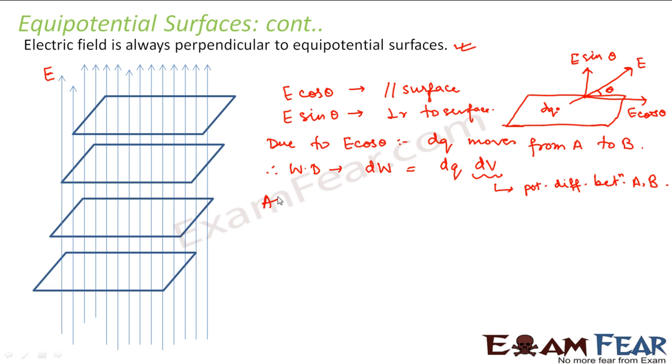Now also we know that from definition of work done, dW is equal to F dot dx. This is also another definition of work. So this can be written as F dx cos theta. Now what is this force? This force arises due to electric field, that is E into dq. So dW is E into dq into dx cos theta.